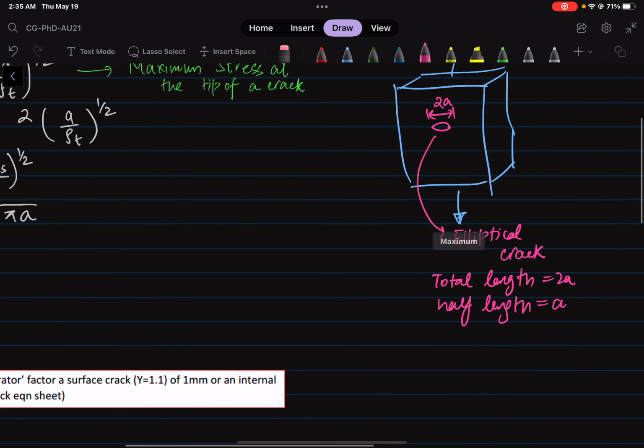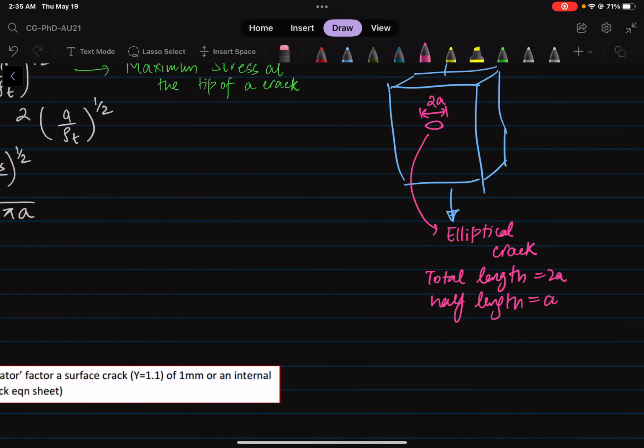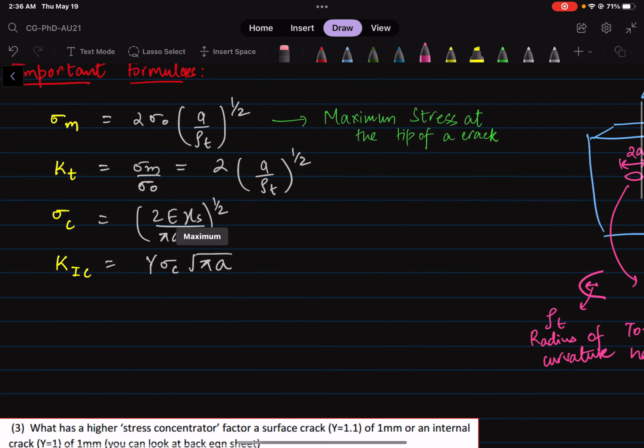And in this system, at the end of the ellipse, the radius will be given as rho of t, or also radius of curvature. So these are some notations that we need to understand.